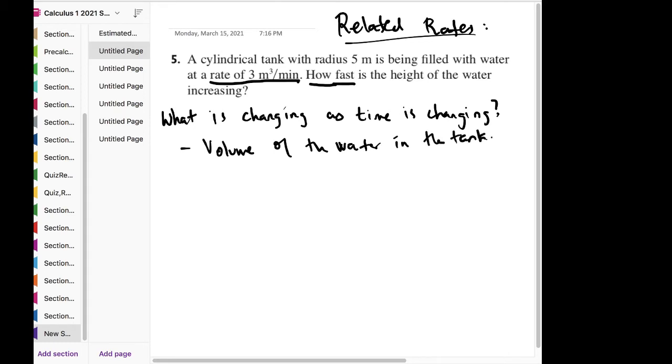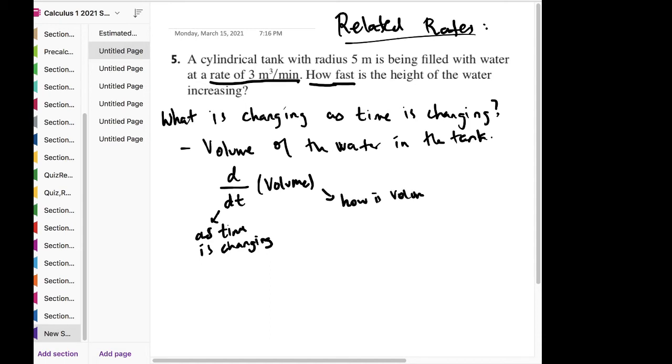So what does this mean? As time is changing, how is volume changing? That's exactly a derivative, right?